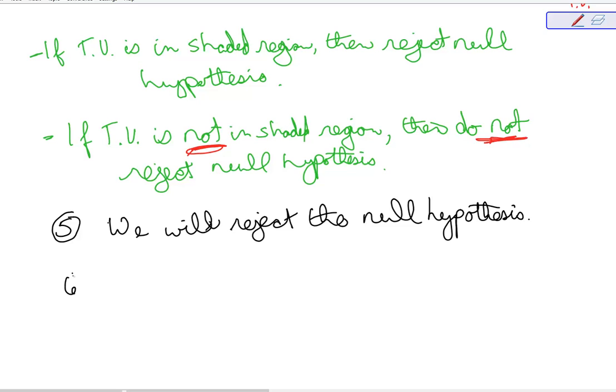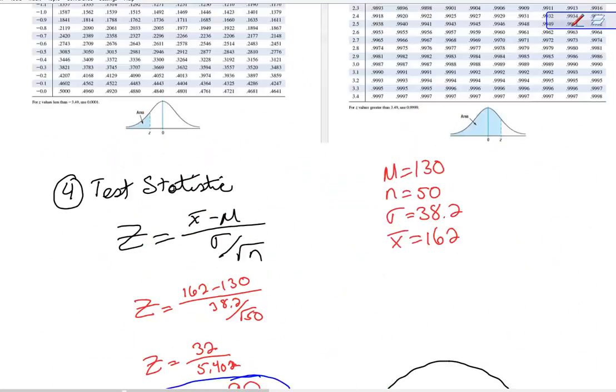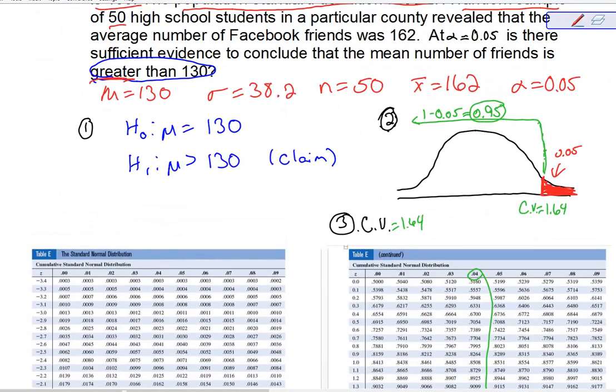Step 6 says to summarize your results. When we want to summarize our results, what we're doing is we're trying to figure out, do we want to support the claim or not support the claim? And so I want to go back up to the top and look at our hypotheses. We are rejecting this null hypothesis. So we are taking this out.